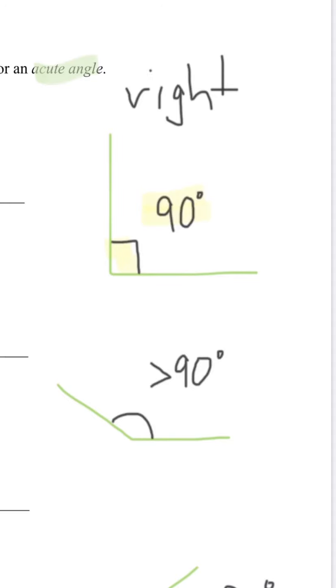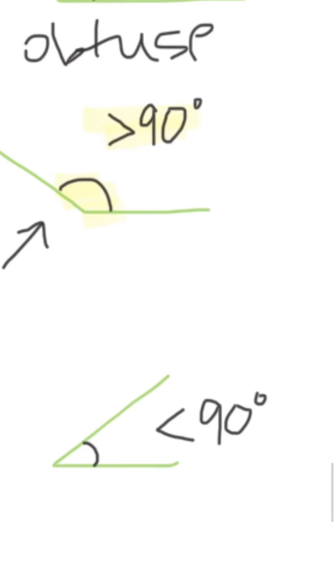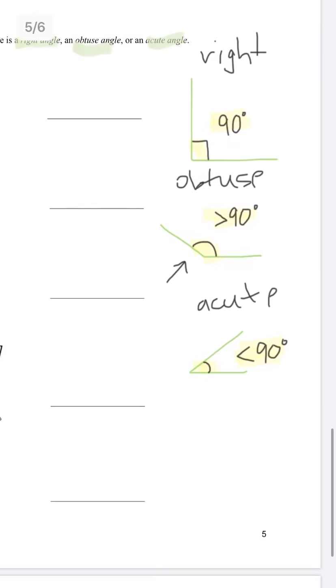And then this is an obtuse angle, where the degree is greater than 90, okay? And lastly, this is an acute angle, where its degree is less than 90 degrees.